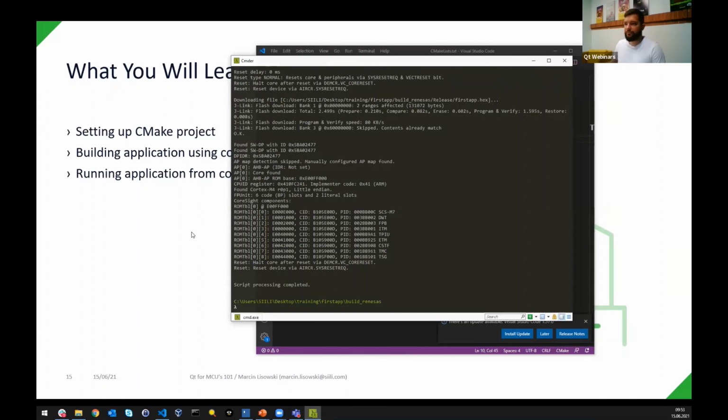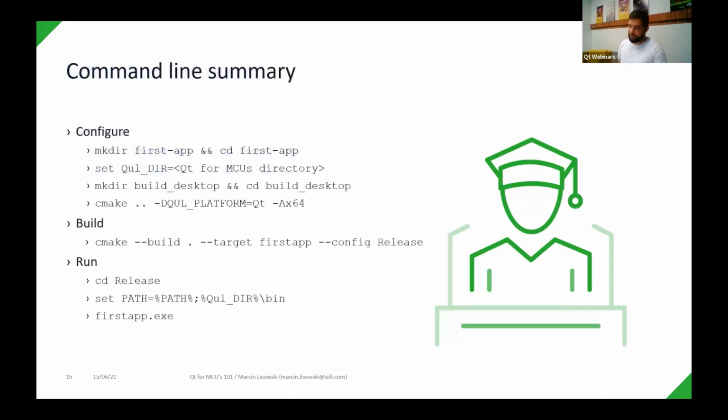All right. So this is about compiling your application on the command line for both desktop and for the board. So this is the summary of it. Well, let's once again go through this. So you are creating this specific directory for your application, then you are creating some files, QML files and the CMakeLists.txt.